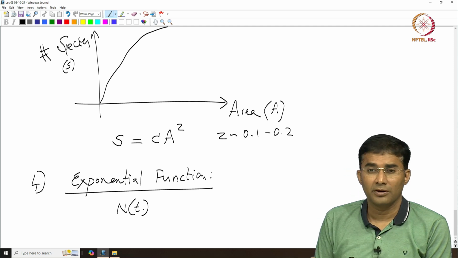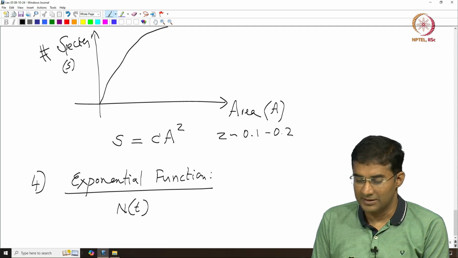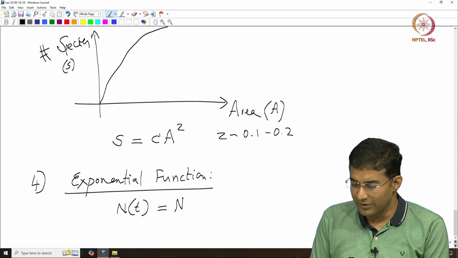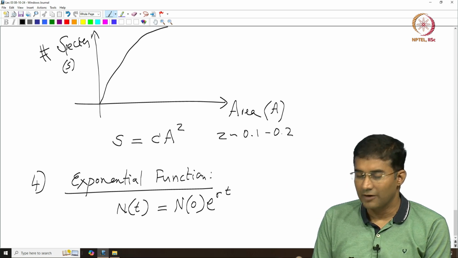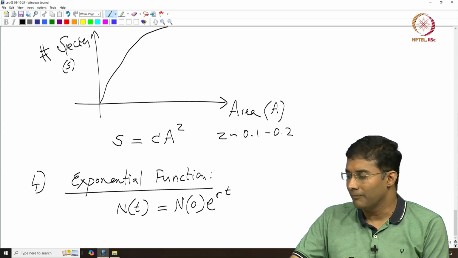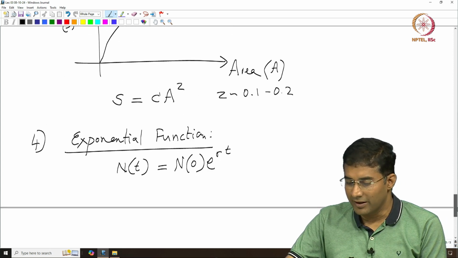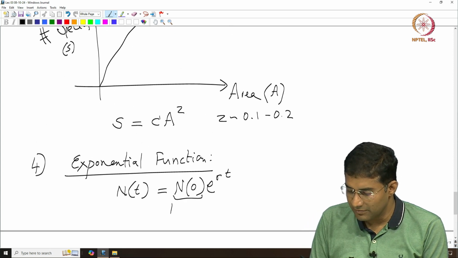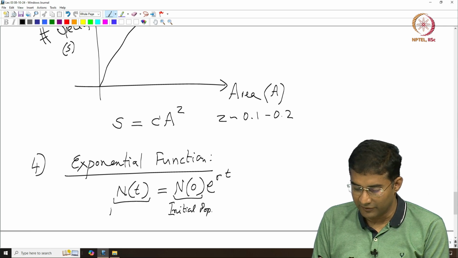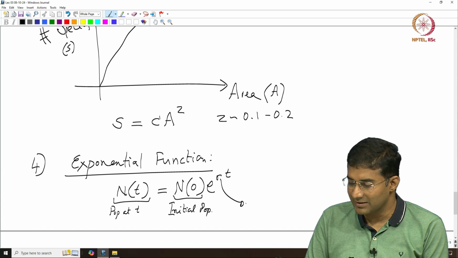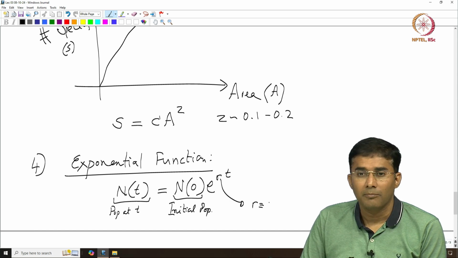We can also denote x of t as a density, and that often increases exponentially with time, and we write that in this form, where n0 is the initial population, n of t is the population after time t, and r basically is the per capita growth rate.